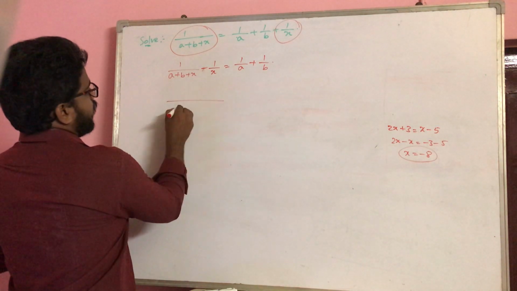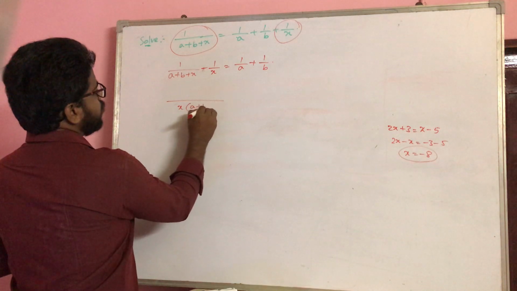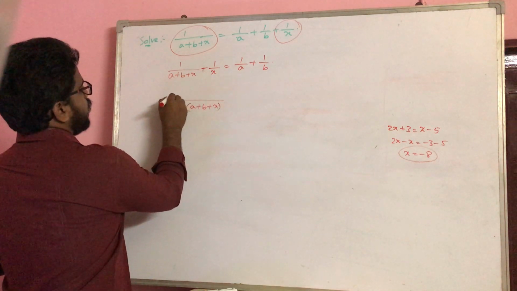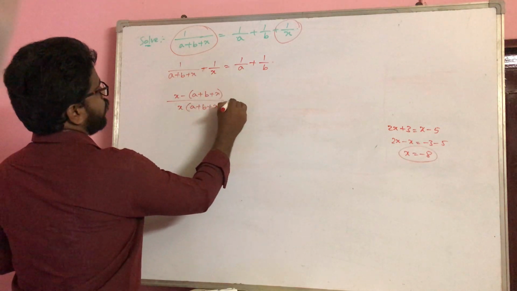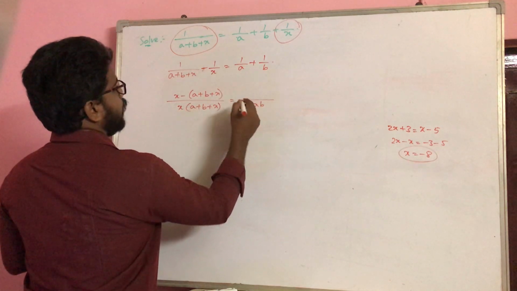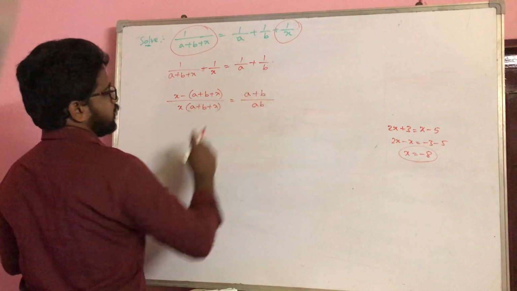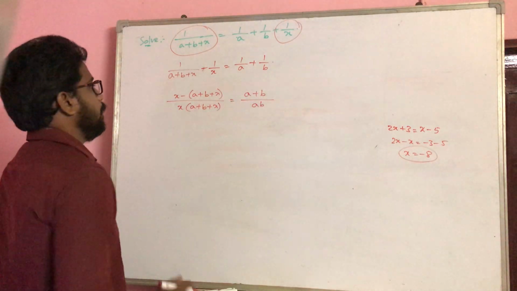So if I take the LCM here, x into (a plus b plus x), and this will become x minus (a plus b plus x). If you further take the LCM on the right, this will be ab and this will be b plus a, which is the same as a plus b.